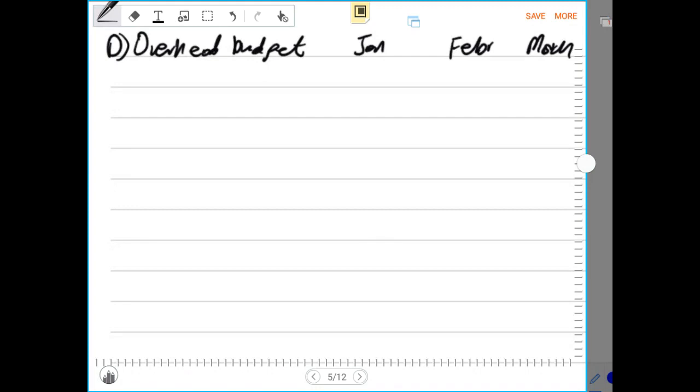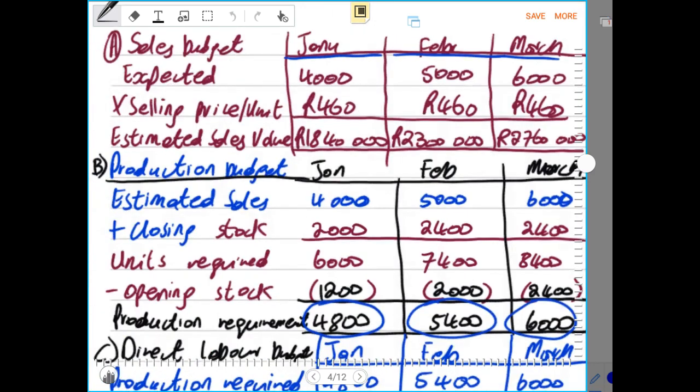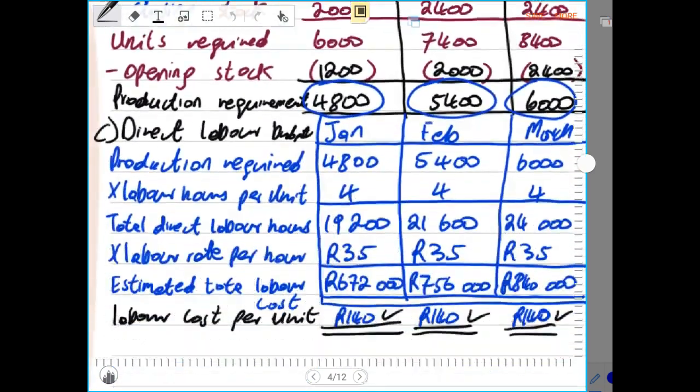Then we say our total labor hours. Our total labor hours were given to be 19,200. Let me check that. Our total labor hours were given to be 19,200.